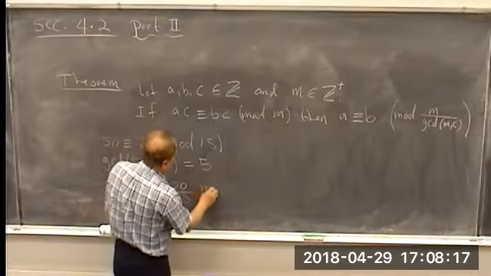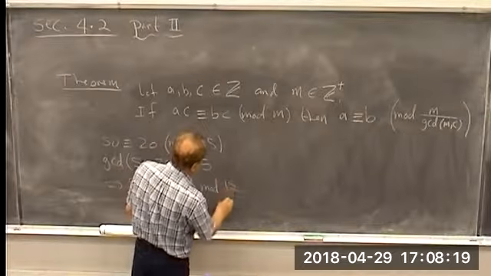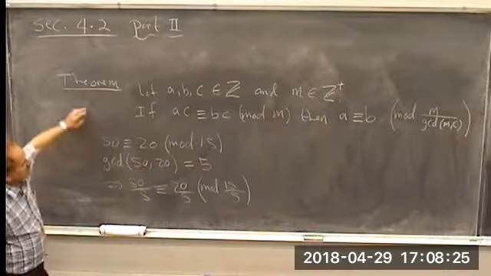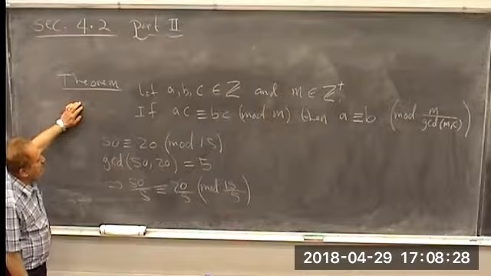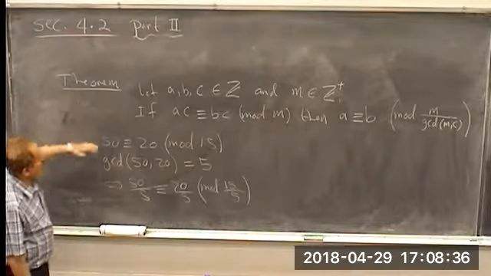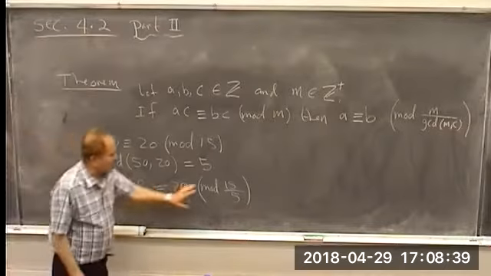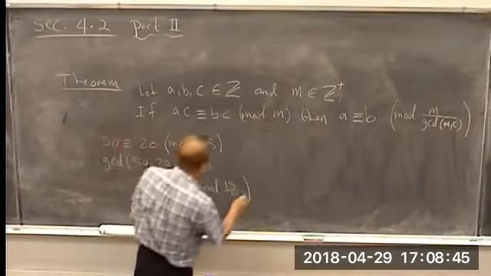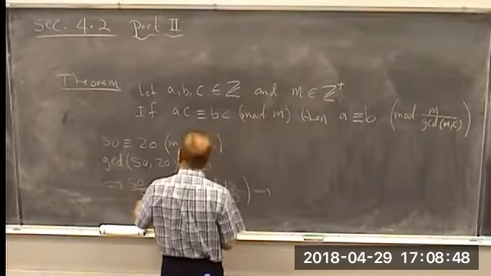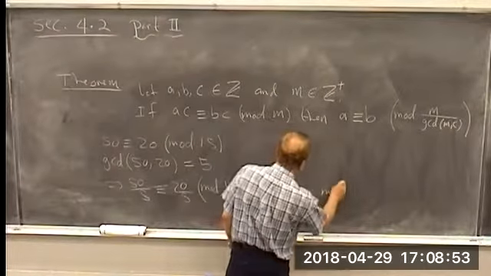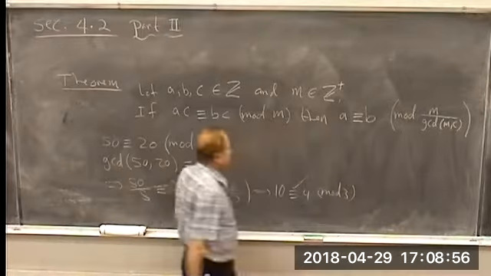But the mod in here is going to be 15 divided by 5. So in other words, if you want to divide two sides of a congruence, you can divide by the greatest common divisor of the two numbers, and then you need to divide across the board, means the numbers as well as the mod. All right, now let's see if this is true. Of course, 10 is congruent to 4 mod 3. Of course, this congruence relation does hold.